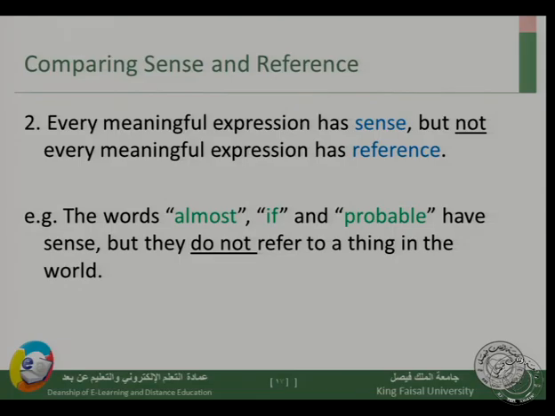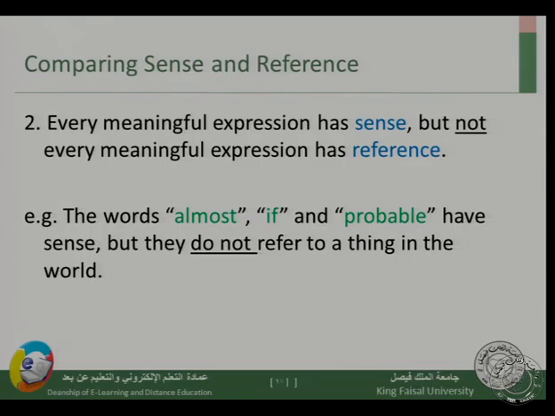Look at this example. If we have words like almost, like if, like probable, these words have sense. We can't say that they don't have sense. They are meaningful expressions, and so they have sense. And yet they don't have reference. They don't refer to a person or a thing that exists in the outside world.